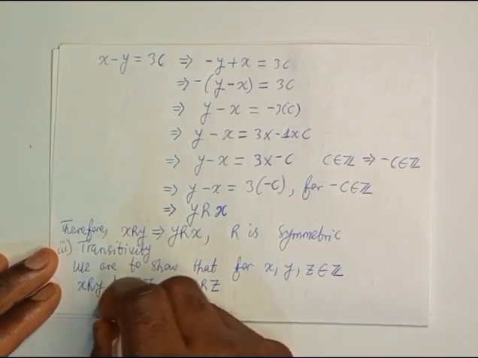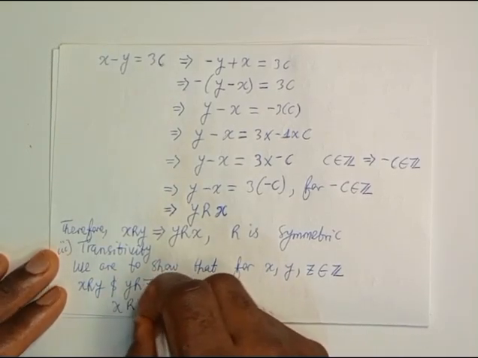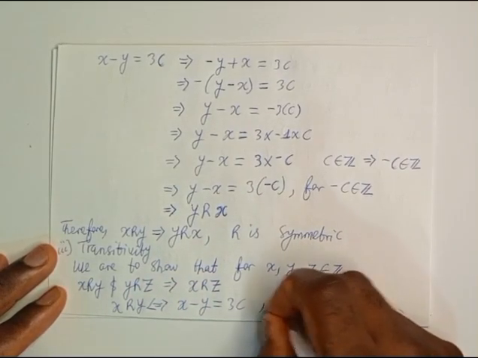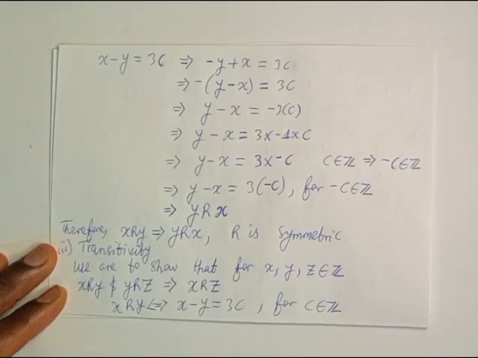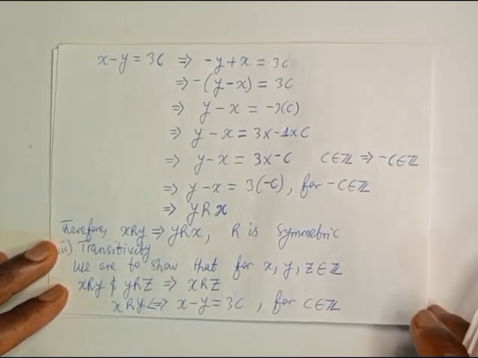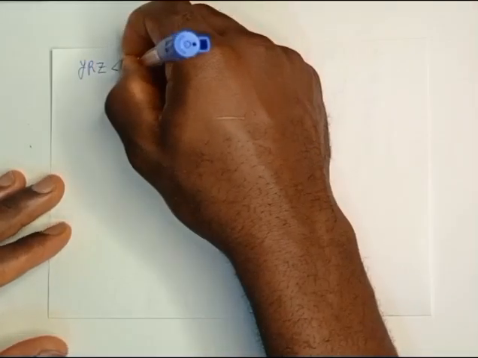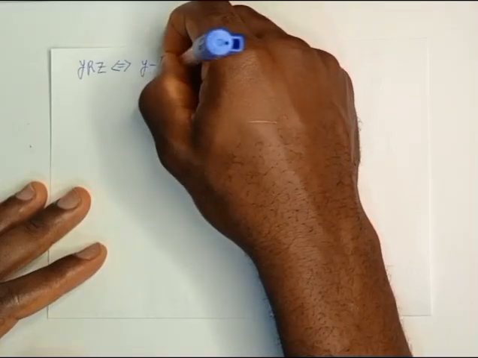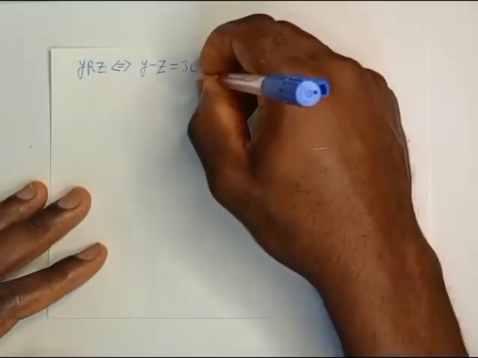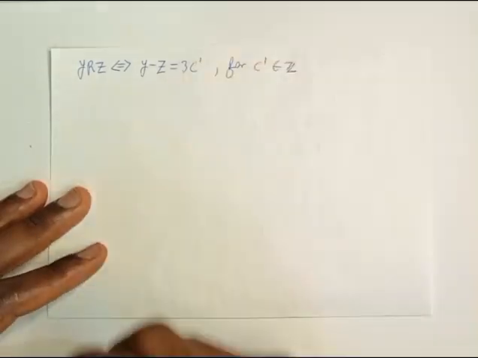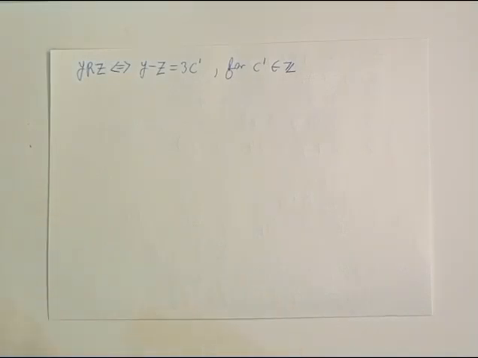We take the first one, x related to y, if and only if x minus y is equal to 3c, for c belonging to Z. We take the second one, y related to z. y is related to z if and only if y minus z is equal to 3c prime, for c prime belonging to Z. Now we have to show that x is related to z. That's what we have to show.